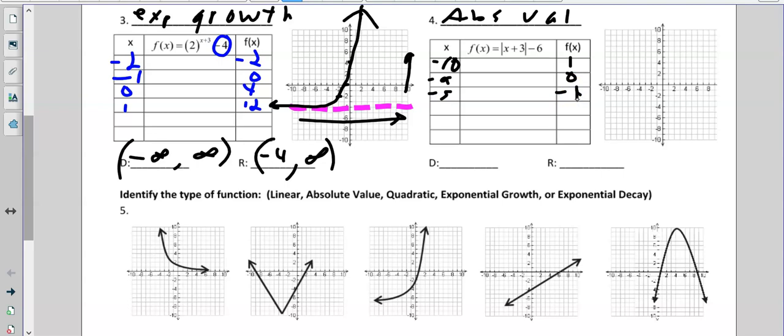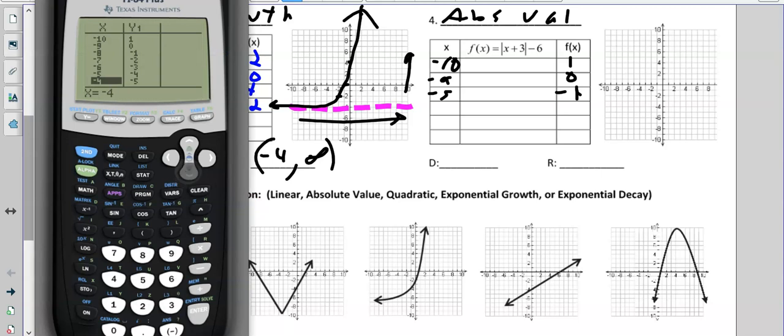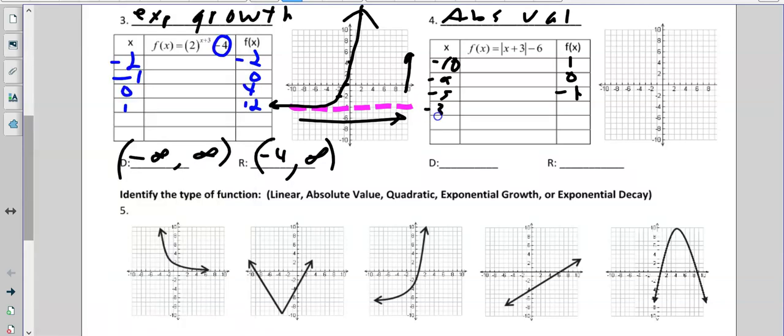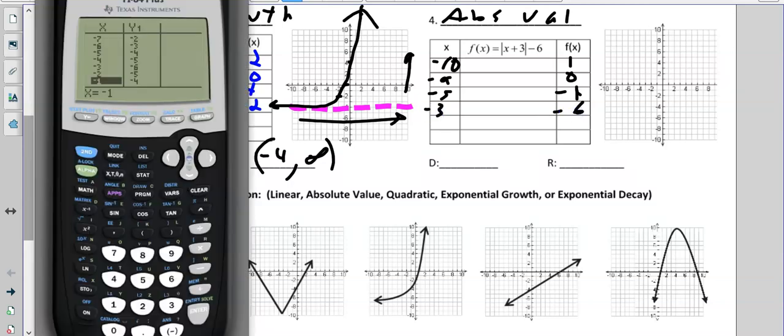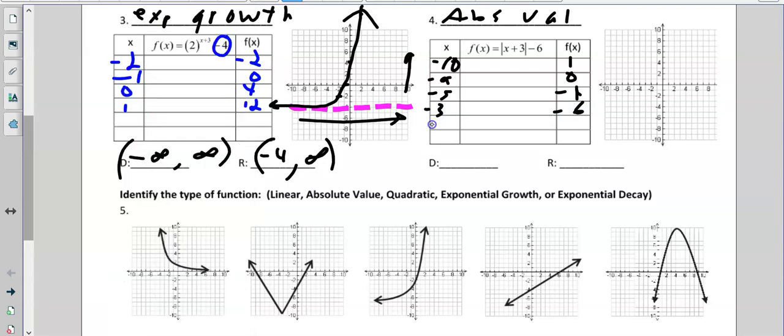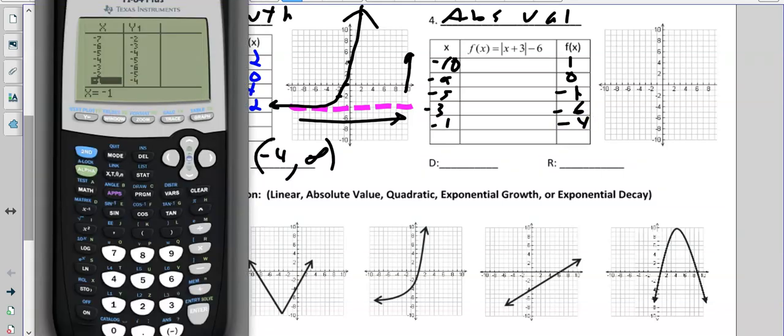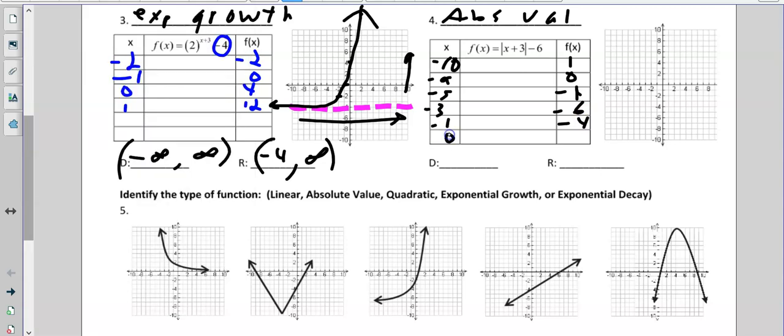And the very important point is right here. -3, -6. Because then you see it starts to go back up. And it's going to mirror everything. So we're going to have -1, -4, and so forth. And it's just going to start going up the same way. So 0, -3, and we'll stop there.